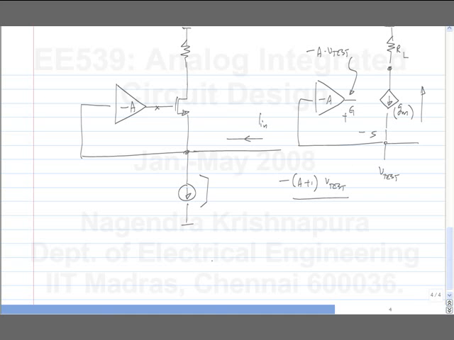So the current flowing out from the test port is gm times A plus 1 times V test, or the input resistance turns out to be 1 over gm times A plus 1, smaller than that of a common gate amplifier.